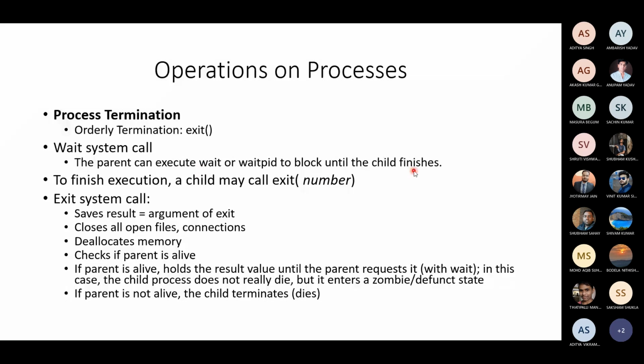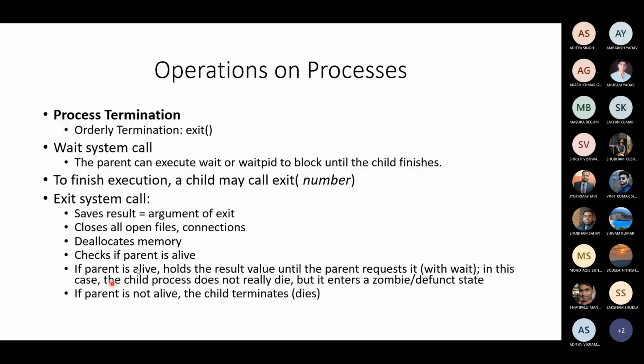Before the child exits the system, it will check whether the parent is alive or not. If it is not alive, it will terminate. By any chance, if the parent is alive and holds the result value until the parent requests wait, then the child process has not really died and is in a zombie state. Anyway, this is how you will terminate the process.